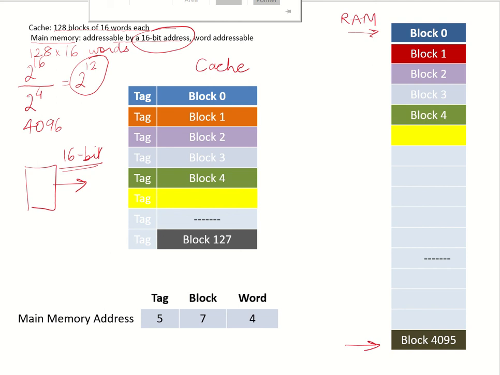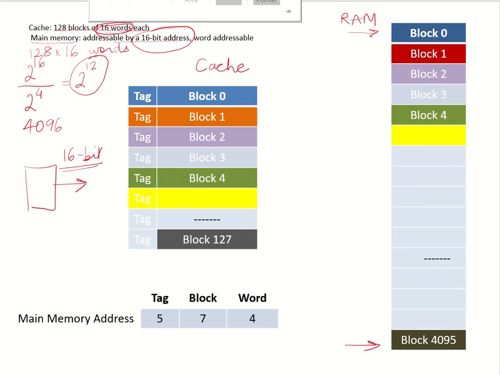Each block contains 16 words. That means any word within this block can be referred to by 4 bits.